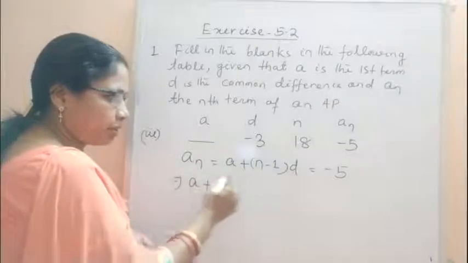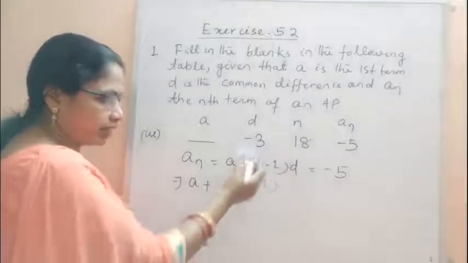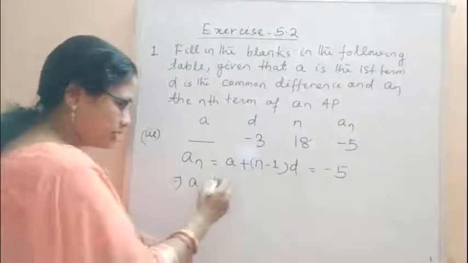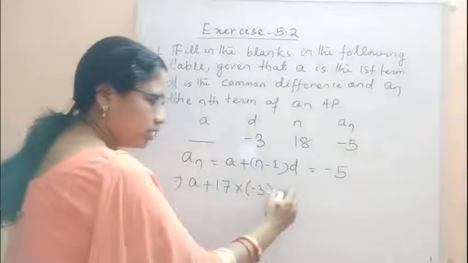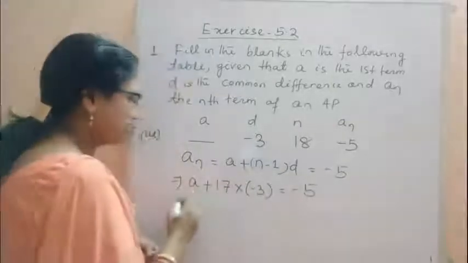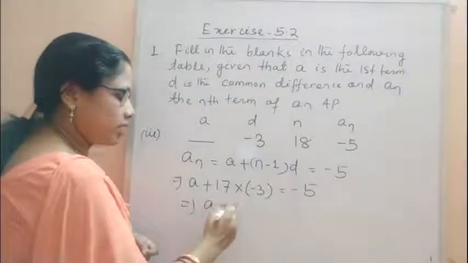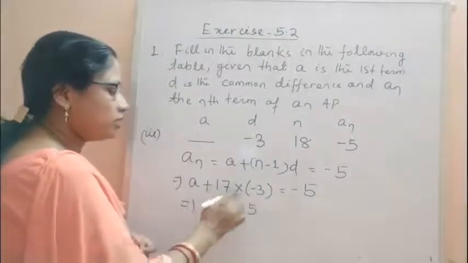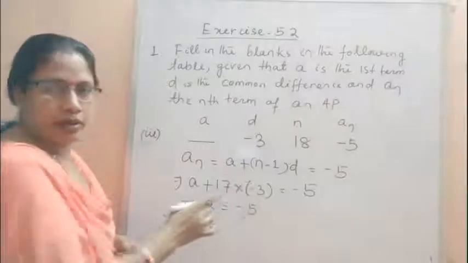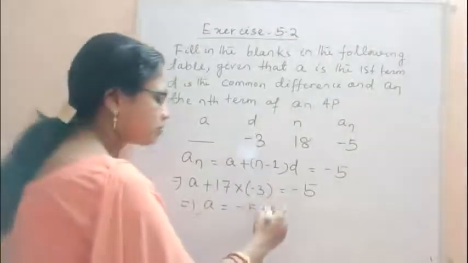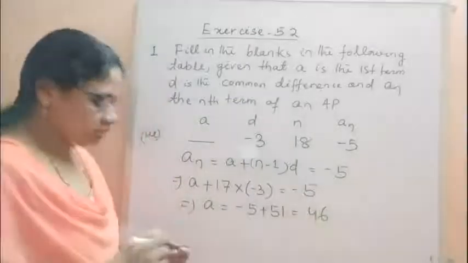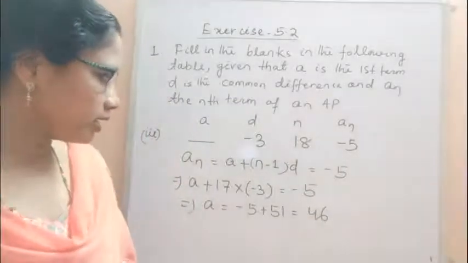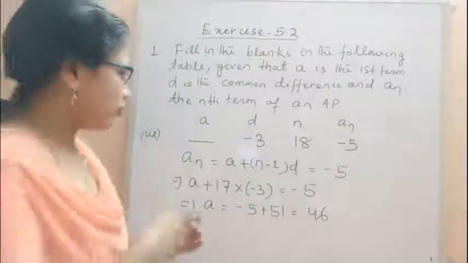So a plus 18 minus 1 is 17, so 17 into d, minus 3, is equal to minus 5. So this implies a is equal to minus 5 plus 51, which is equal to 46. So here we got a is equal to 46.